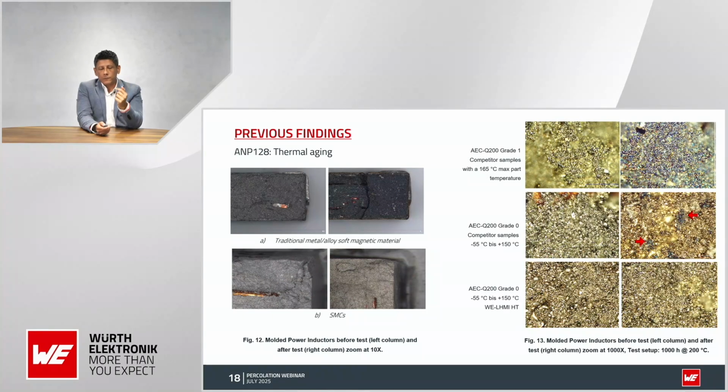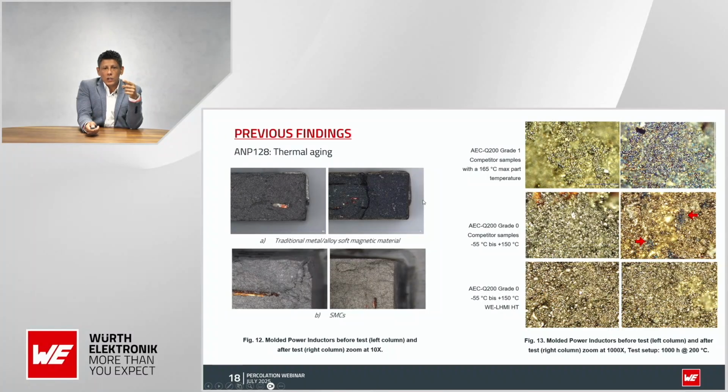But in reality, if we look a little more, we are going to find that in this case, competitor grade 1, that means 125 degrees, even though they promise that it can go higher, when you expose it to higher temperatures, almost all the coating is burned. So you can see the burning parts, just like here.